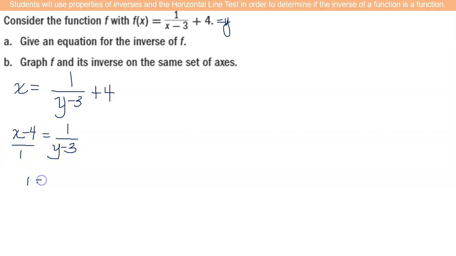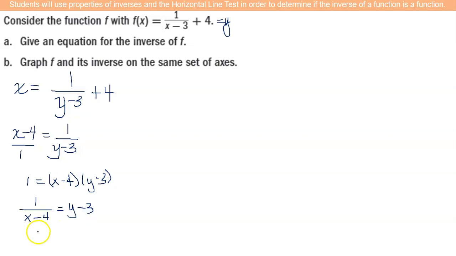So I have 1 equals x minus 4 times y minus 3, which means now I've got to divide by x minus 4, and that equals y minus 3.